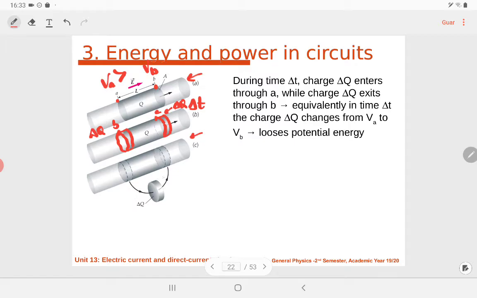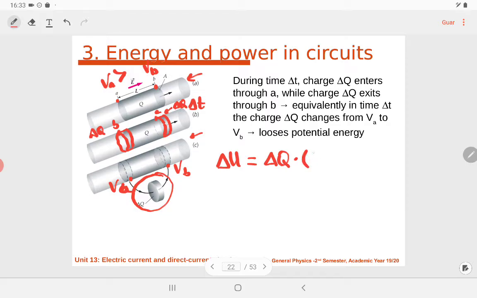So this is equivalent to what is shown in this figure C, in which an amount of charge given by delta Q has passed from having a potential given by V sub A to a potential given by V sub B. Okay, so this is equivalent to saying that there has been some change in the energy of this delta Q. We can calculate this easily because, if you remember from Unit 12, the change in the electric energy is going to be given by the total charge times the change of potential.